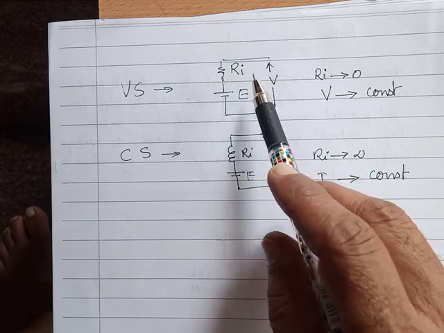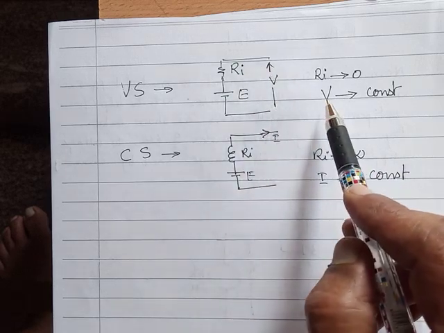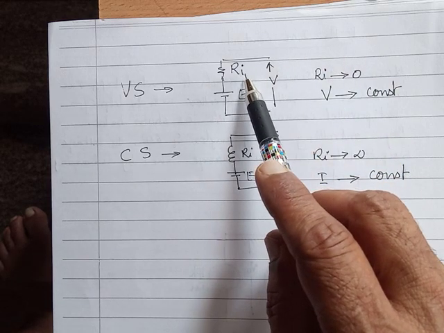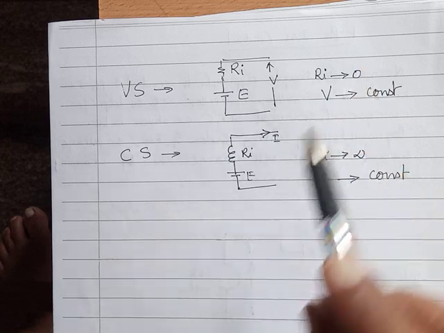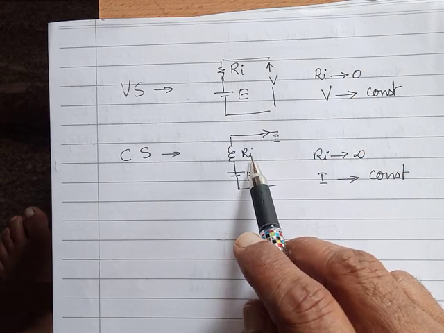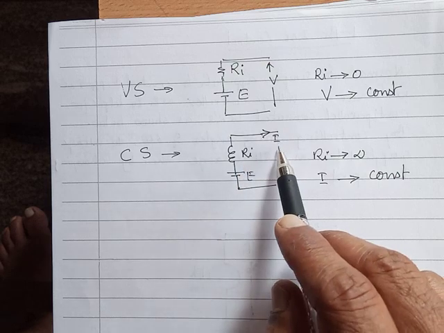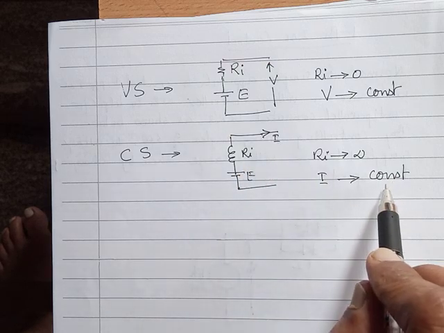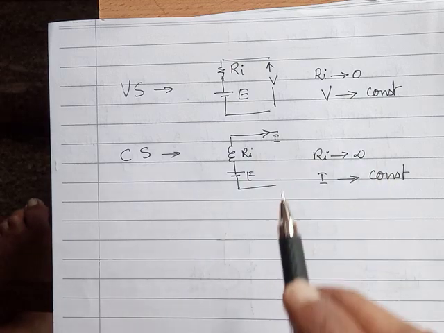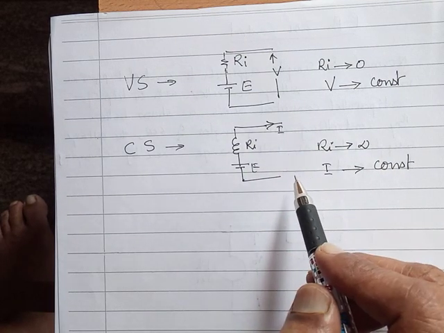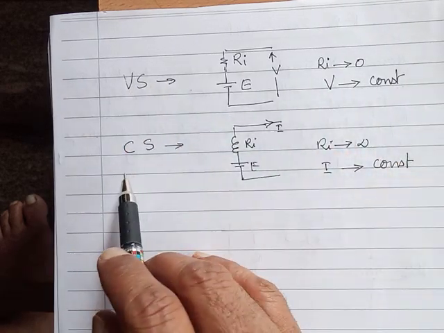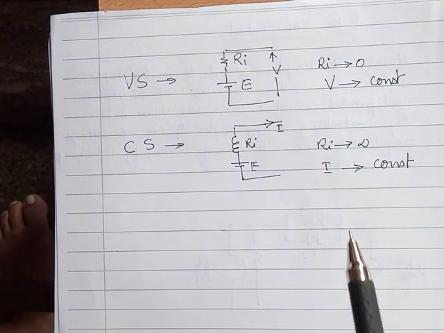So even when we change the load here, the terminal voltage remains constant, because the internal resistance or the impedance is almost zero. Whereas here, since the internal impedance or the resistance is very high, the current remains constant, independent of the type of the load. Voltage source, voltage remaining constant. Current source, current remaining constant.